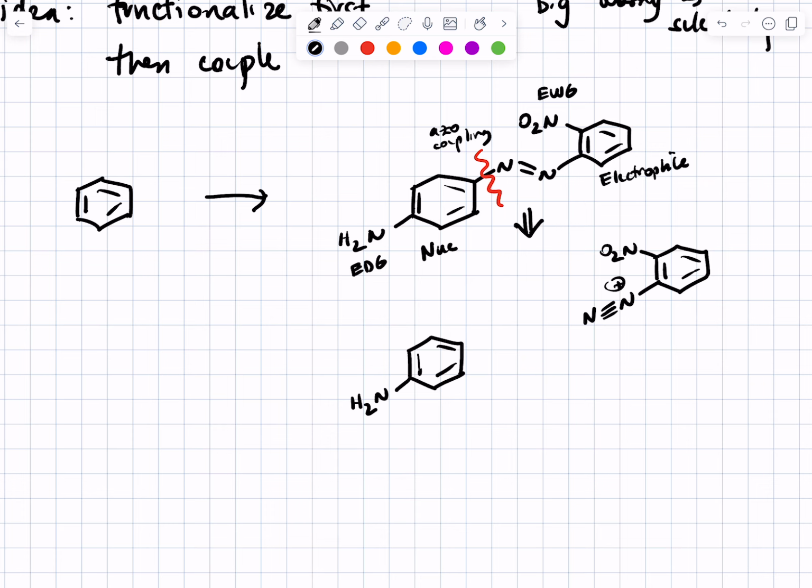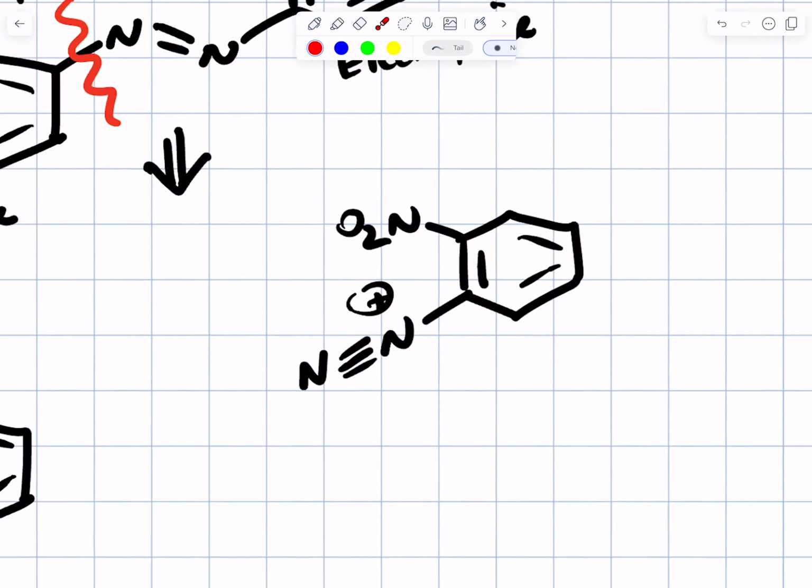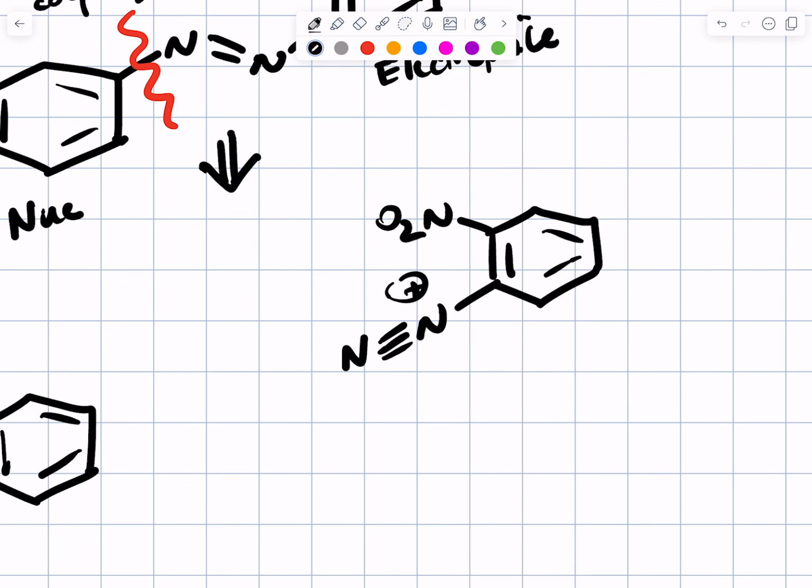At this point, we probably should leave it up to you because you know how to make this. Tell me, how do I make that from benzene? That's boring. Nitration and then reduction. Good. How about this one? I probably need to take care of this super good leaving group first before thinking backwards.